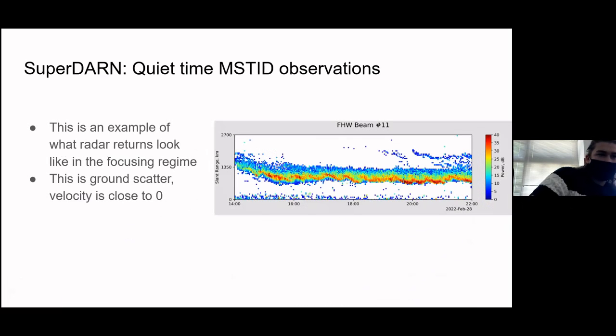Because this is a classical MSTID quiet time observation. It's very common. In fact, it's so common that I took this data from like 2 weeks ago. I just logged on to the SuperDARN website and pulled up the most recent data. Bam, it was MSTID right in the face. I don't have a velocity plot here, but it would be ground scatter. Pretty much this is daytime ground scatter.